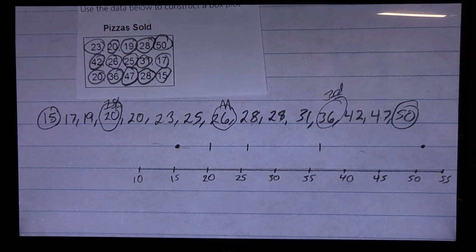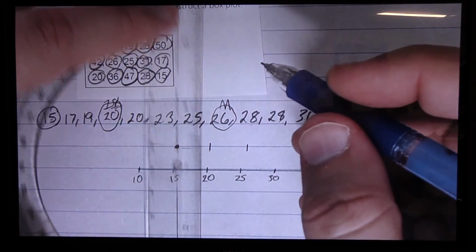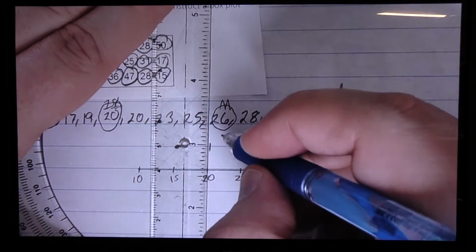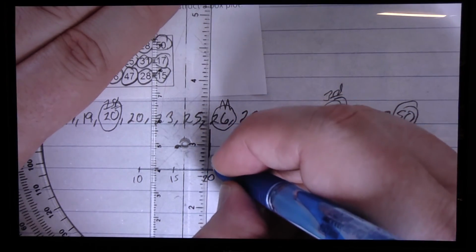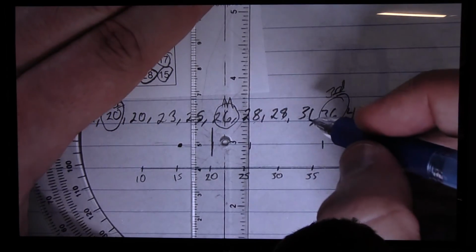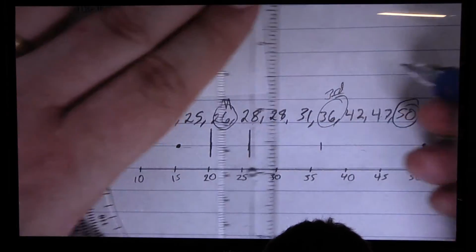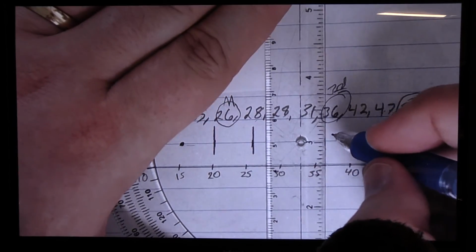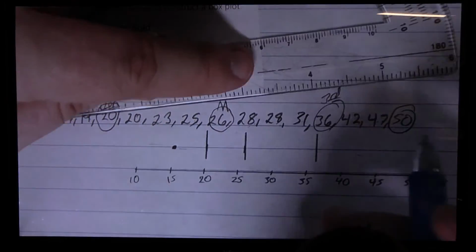And I'm going to go ahead and construct my box. So my box, I figure it's going to be kind of a big one. And I'm going to go ahead and connect these.